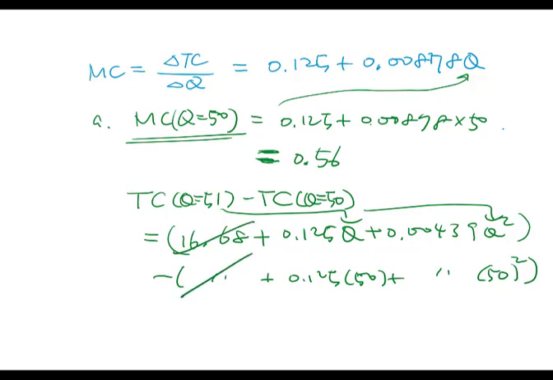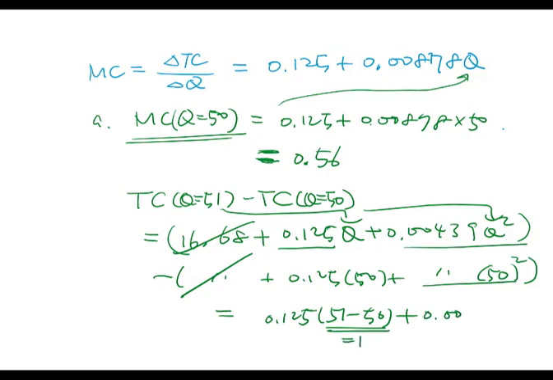Of course the constant will be canceled out, and you can see that 0.125 multiplied by 51 minus 50, which is 1, gives 0.125. On the last term you have 0.00439 times 51 squared minus 50 squared, which is 51 plus 50 multiplied by 1, so about 101.